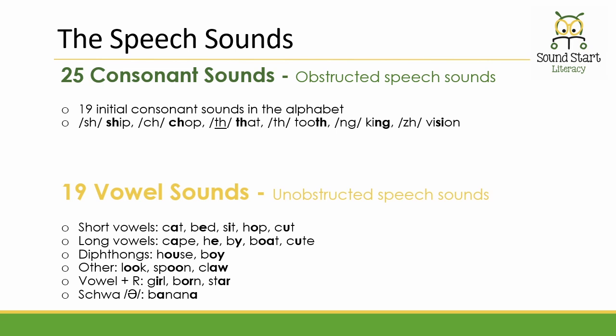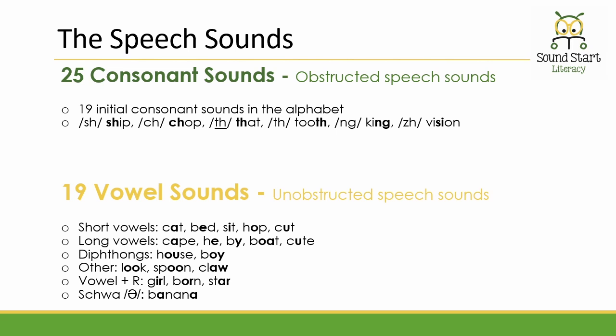The 40 to 44 speech sounds in the English language can be broken up into two different types of sounds. We have consonant sounds and vowel sounds. Consonant sounds are what we consider obstructed speech sounds. So that means something's getting in the way of the airflow. It might be the lips, the teeth, or the tongue.